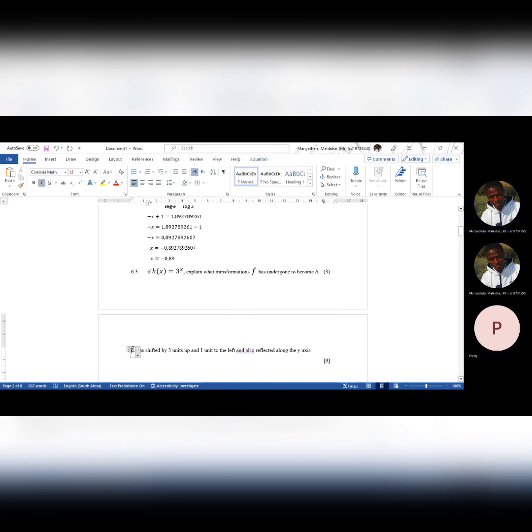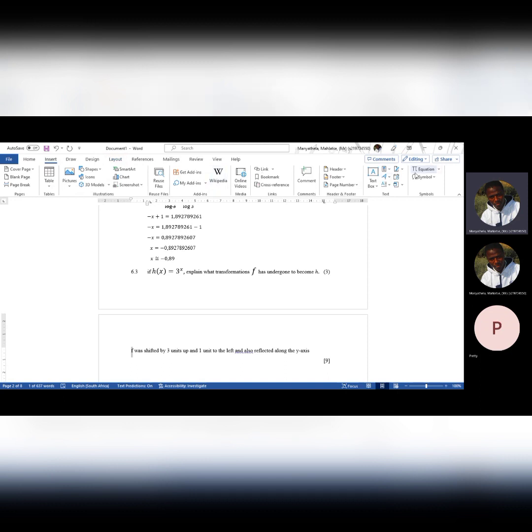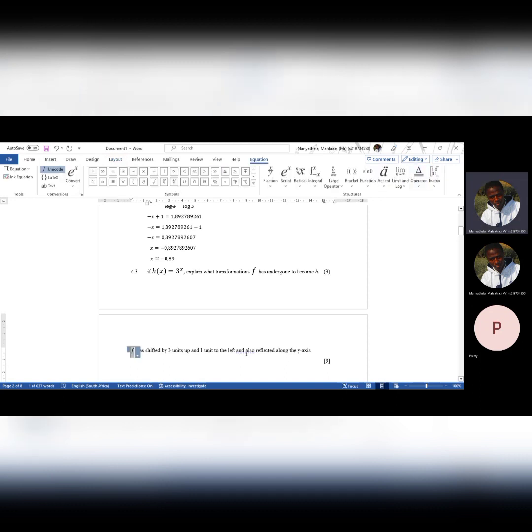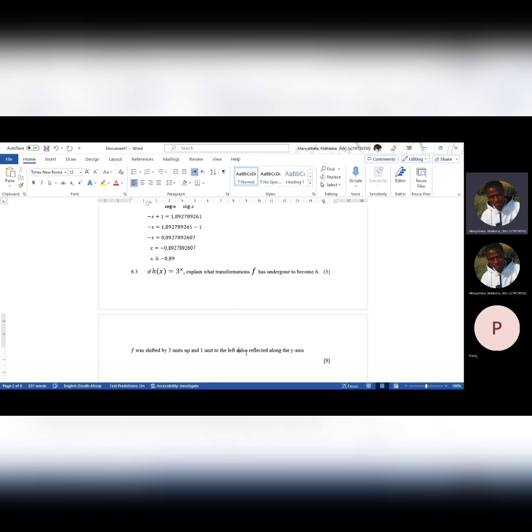No, man. F was shifted, not H. F was shifted. If you draw the graph of H, you will see what happened to F to become H. Let me just quickly draw the graph of H for you.